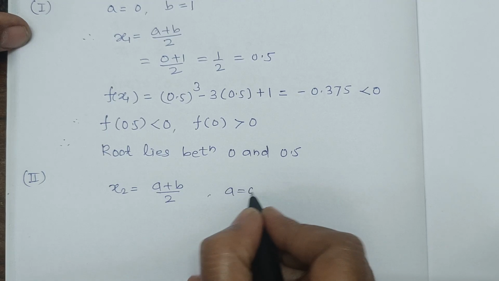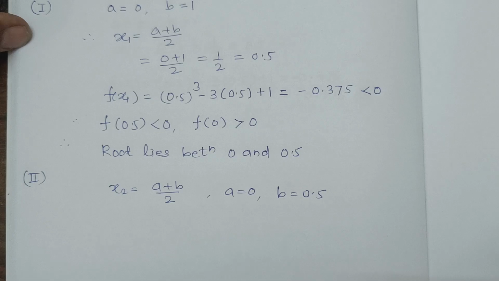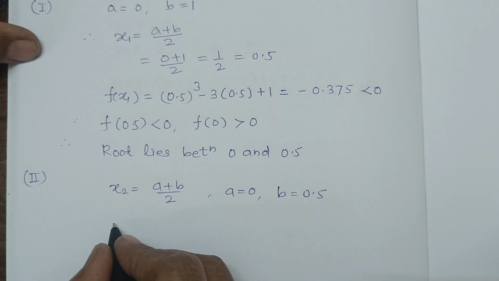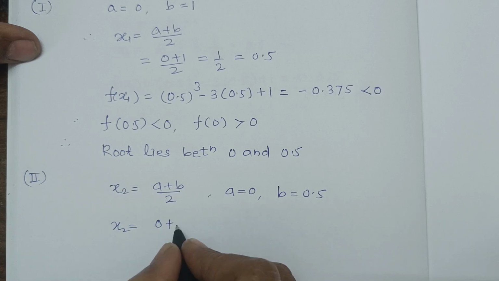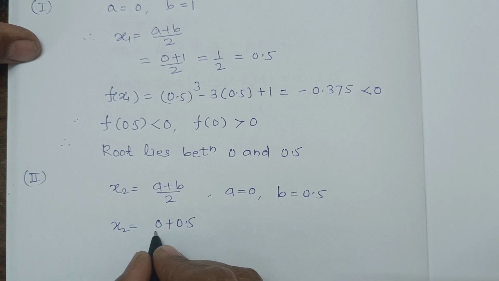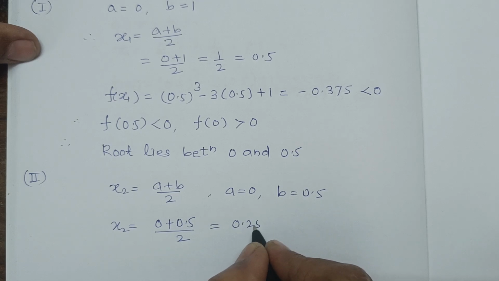Here a is 0 and b is 0.5. Therefore x2 is equal to (0 plus 0.5) divided by 2 is equal to 0.25.